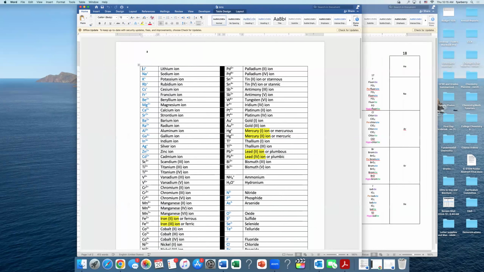You do need to know the first several from lithium down to cadmium, because those are the metals whose charges are always the same.